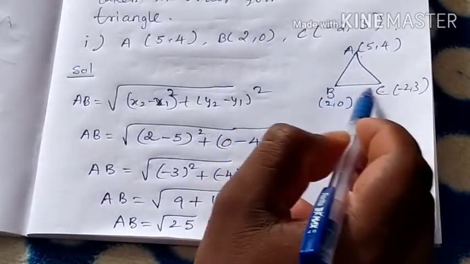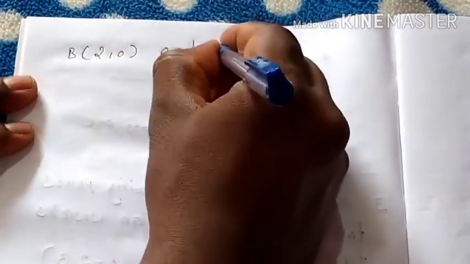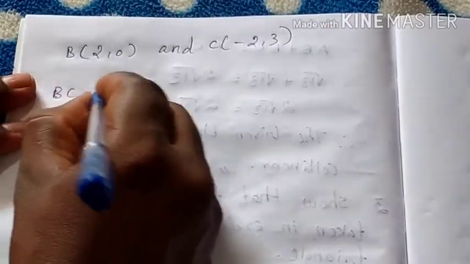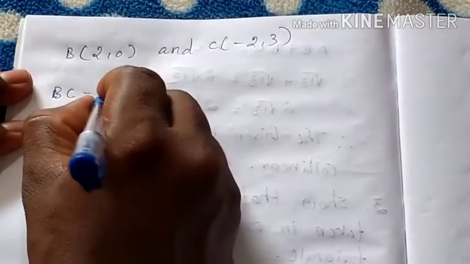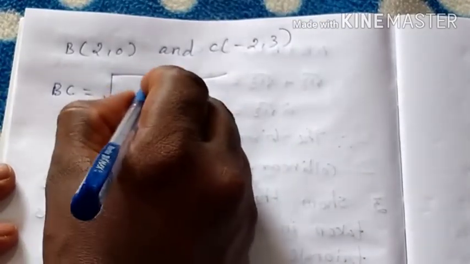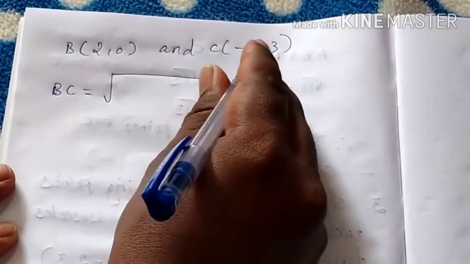Then find the BC side. The point B is 2 comma 0 and C is minus 2 comma 3. The distance between the points B and C is the square root of x2 minus x1 the whole square plus y2 minus y1 the whole square.